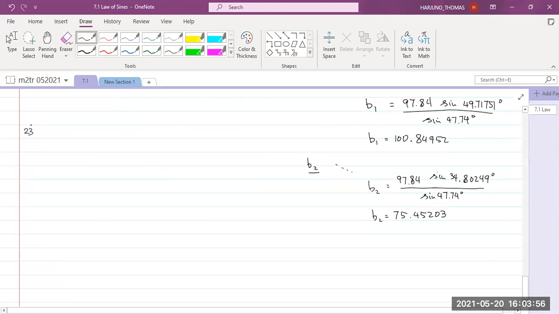Number 23. Word problems. A straight road makes an angle of 22 degrees with the horizontal. Basically, the angle of elevation is 22 degrees. From a certain point P on the road, the angle of elevation of an airplane at point A is 57 degrees.